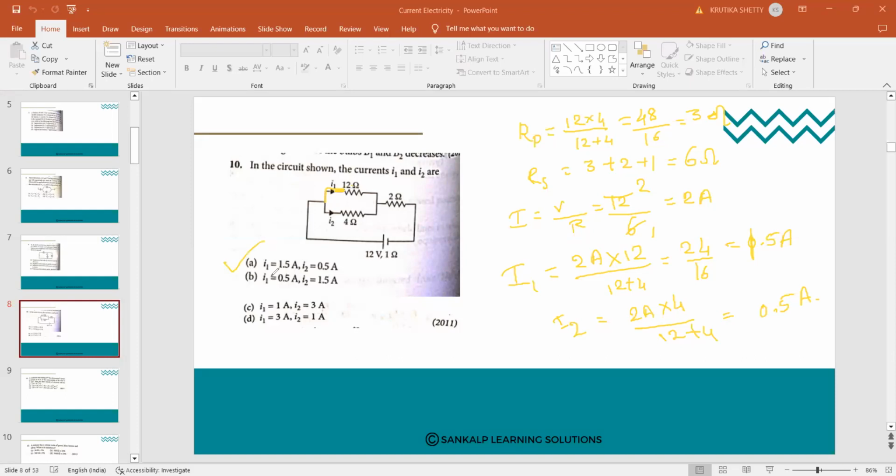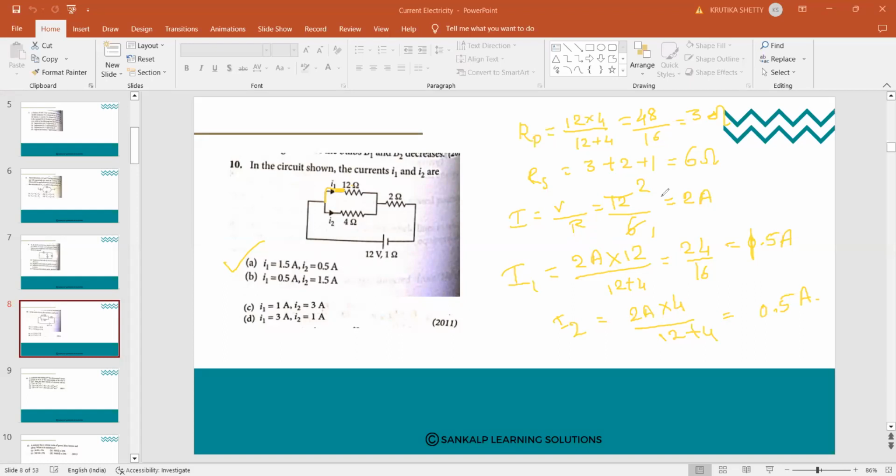Option A is also correct, that is 1.5 and 0.5, because I1 is through the 12 ohm. So 12 into 2 divided by 12 plus 4 is 1.5. So I1 is 1.5 and I2 is 0.5. Option A I can take.